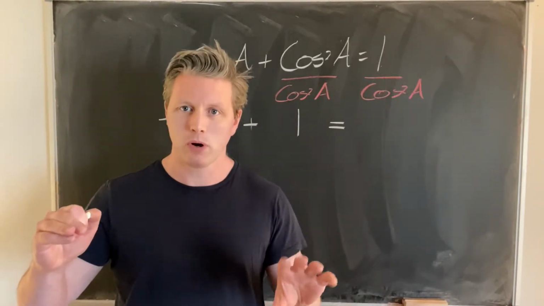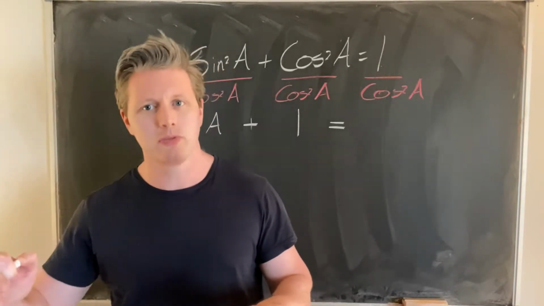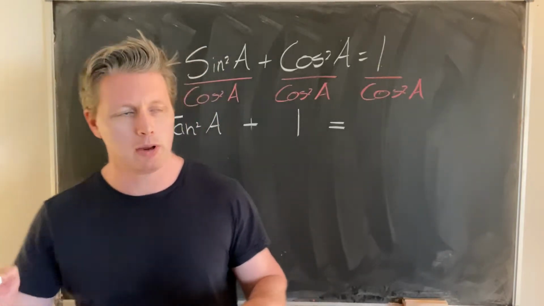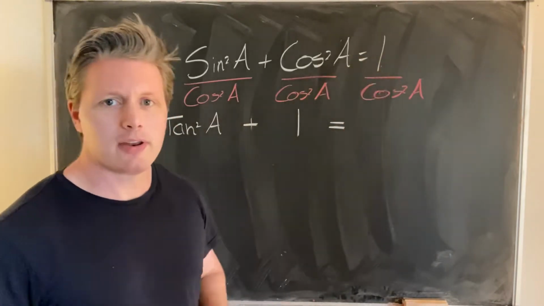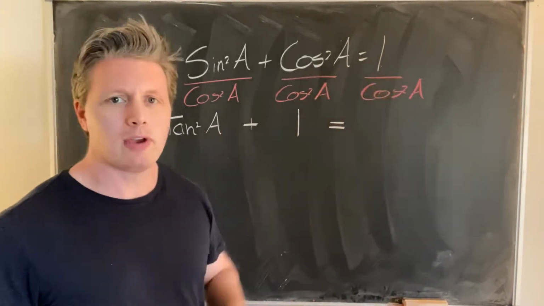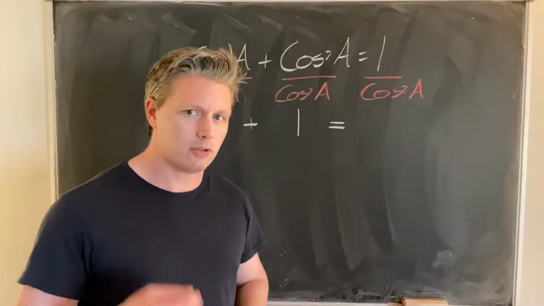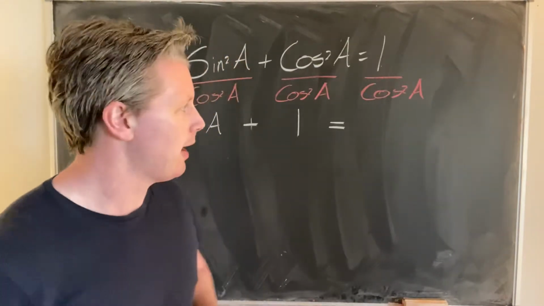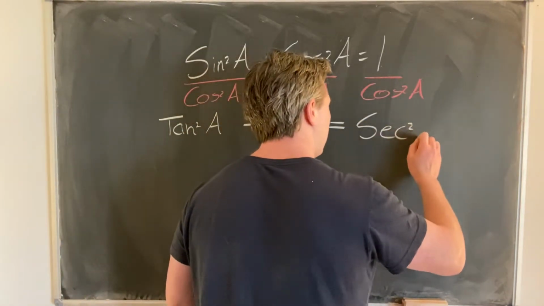And so therefore, sec squared is equal to 1 over cosine squared. All right? And so what I have here on the right-hand side of my equation is 1 over cosine squared a. Well, that now is actually sec squared a. I can rewrite it as sec squared a.